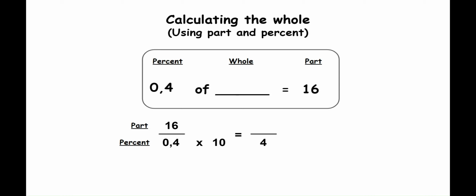And remember, this means we also need to multiply the numerator 16 by 10 as well, which equals 160. And last, we need to divide the numerator by the denominator. And 160 divided by 4 equals the whole amount of 40.